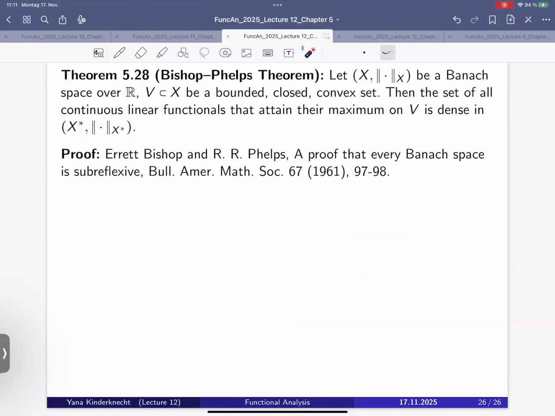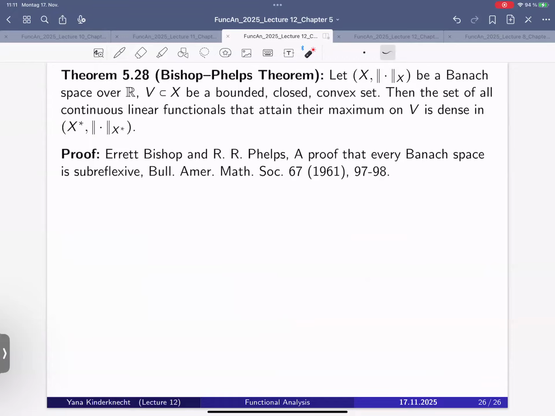That is, in many cases, the optimization problem for linear functionals over convex sets is a well-posed problem.